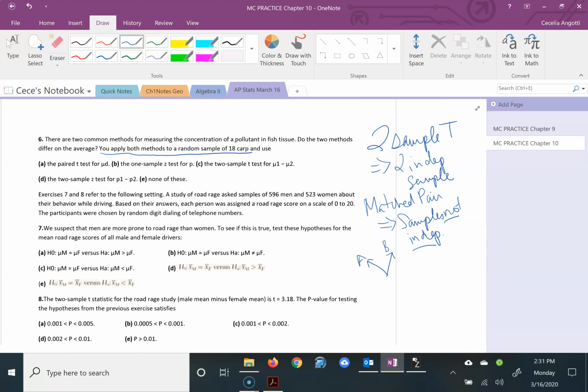Now, the other thing to keep in mind, because they start talking about this for proportions: if we're measuring concentration, then the statistic we're going to measure is an average, and that would be a mean. So we're going to have sample averages, and we'll actually be subtracting the results and creating an average of those results.